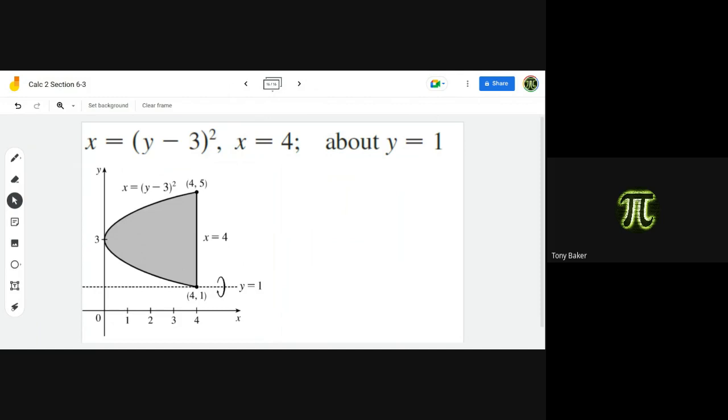It should go from 1, no. Need to go from 0 to 4. No, it's 1 to 5. It's not 0 to 4.